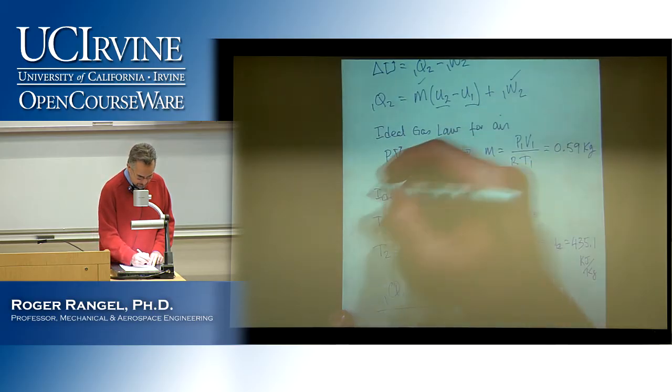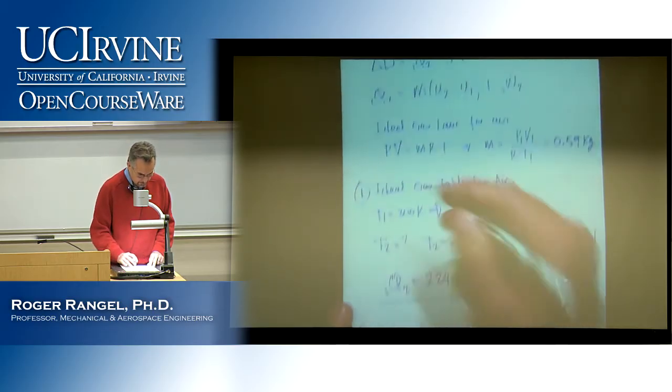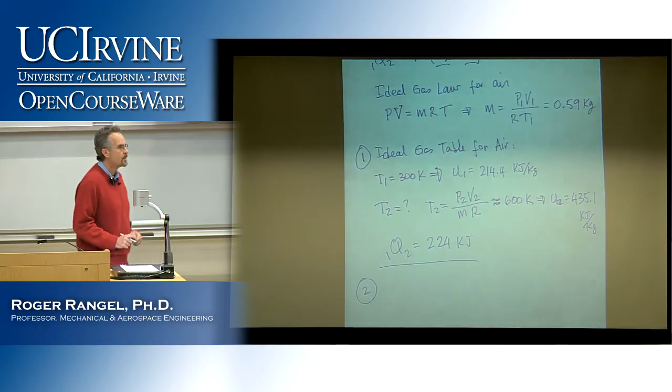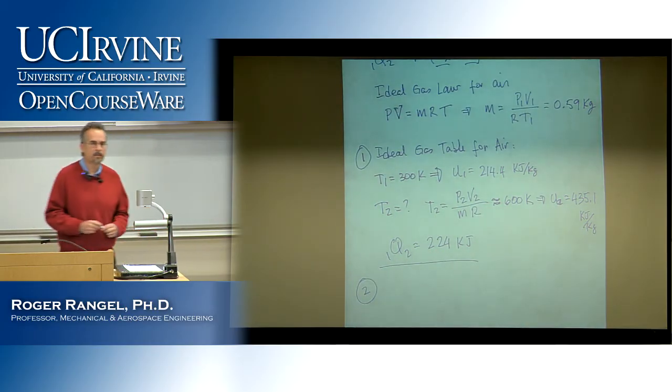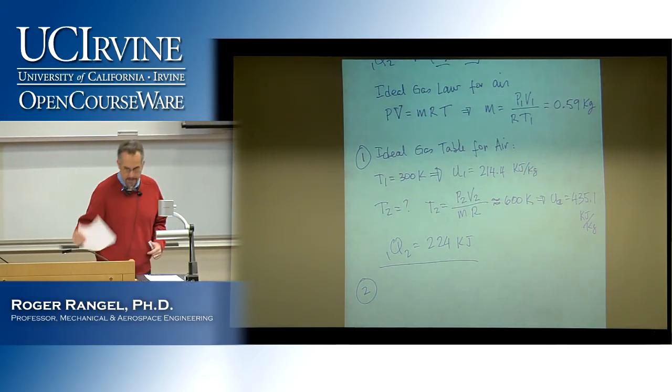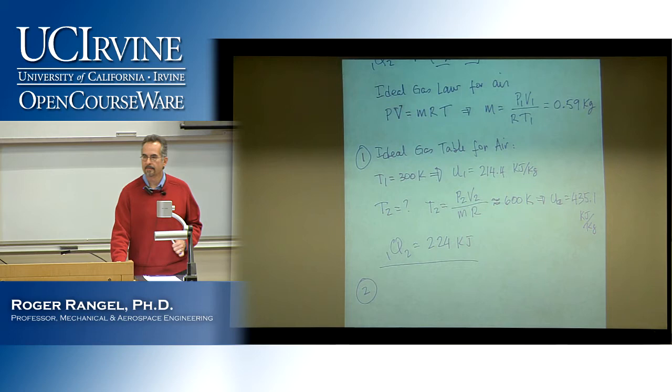The second way is how? How else can I do this problem? Suppose I don't have this table that gives me the internal energy as a function of temperature. What could I do?